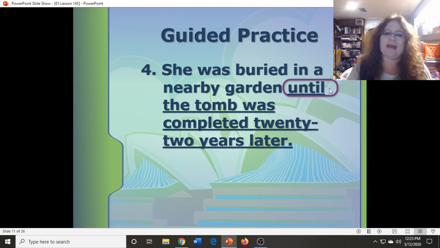When we look at the beginning of this underlined section, we see a subordinating conjunction. And we see that this is dependent, doesn't express a complete thought on its own. Until the tomb was completed 22 years later is a dependent clause. And seeing that subordinating conjunction at the beginning is your clue that it's a dependent clause.